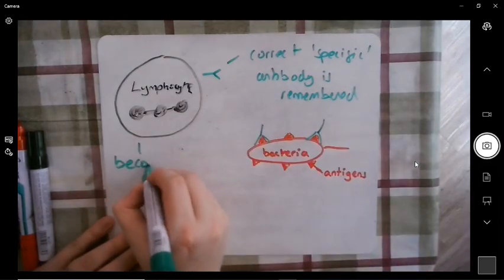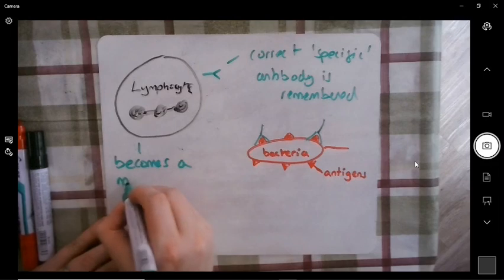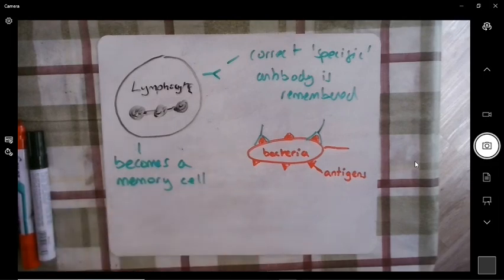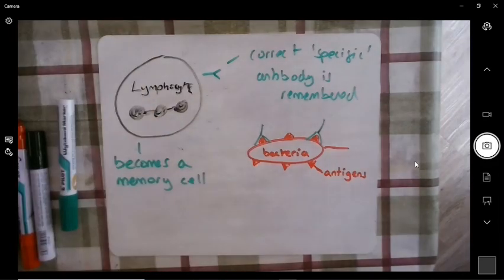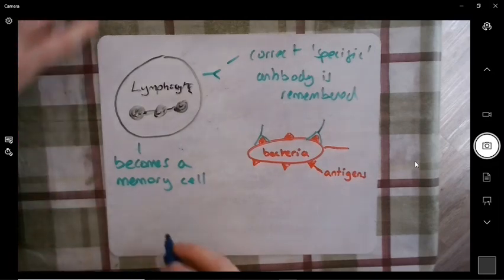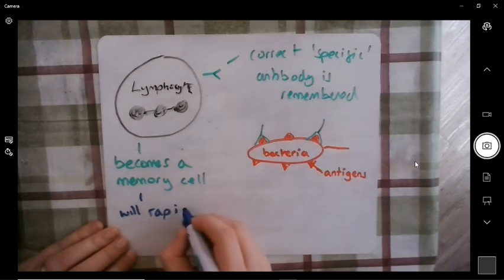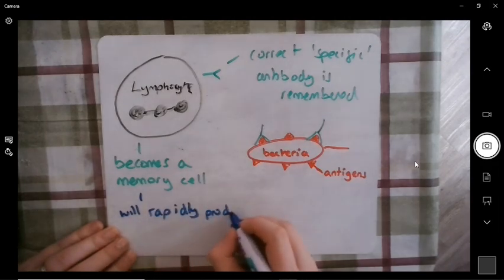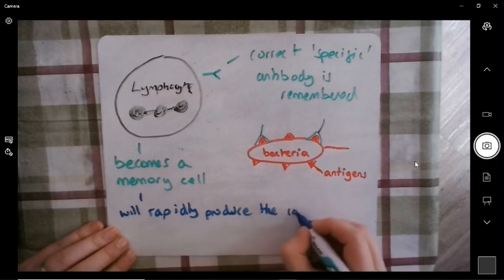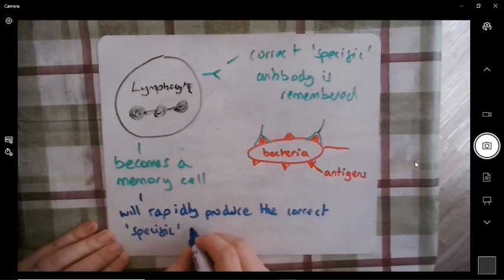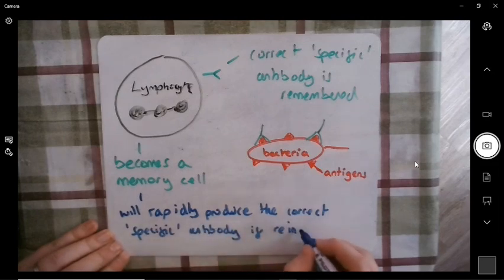And therefore the lymphocyte will become a memory cell where it will stay inside your blood for a long time, forever, and it will be able to rapidly produce the correct specific antibody if you get reinfected.